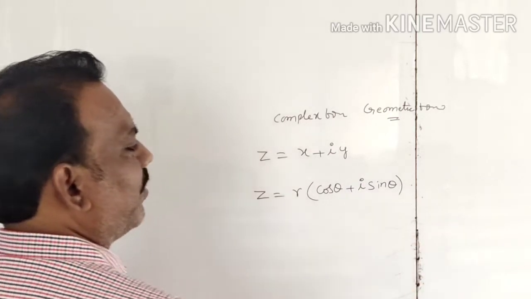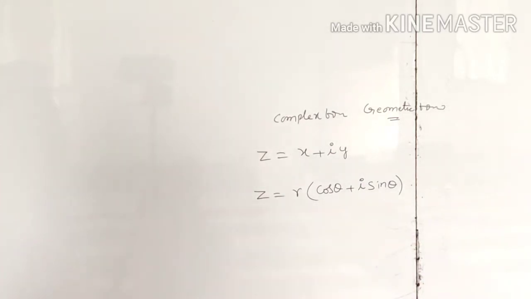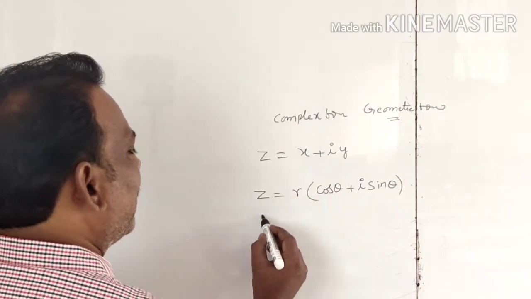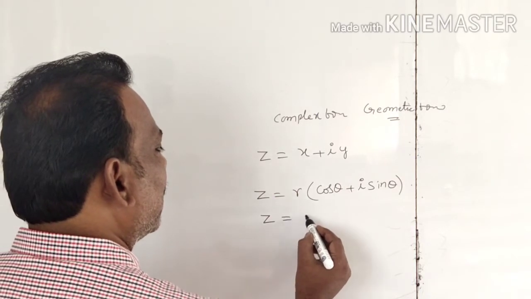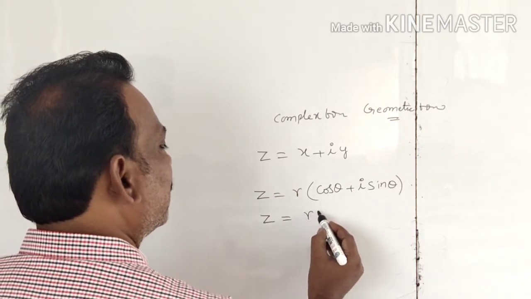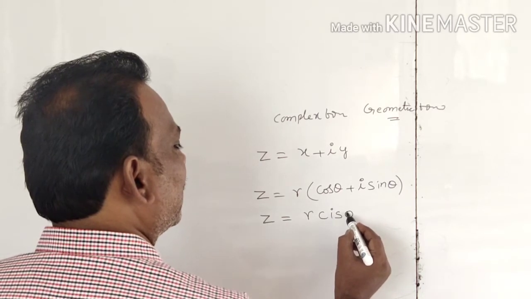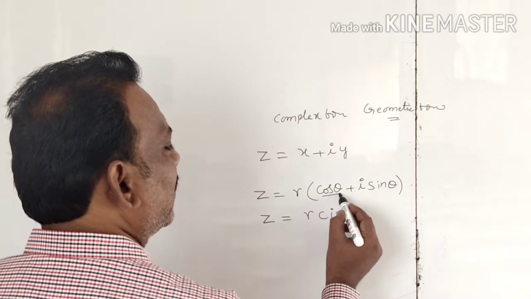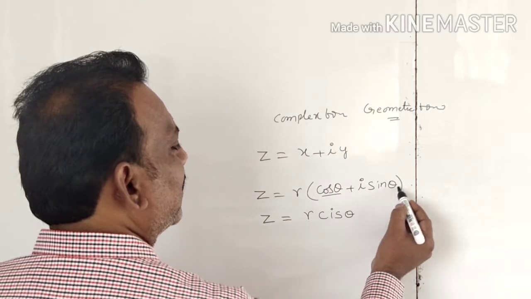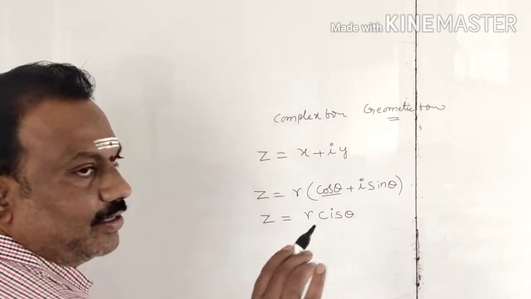I also told you in one video how you will get this form. Z is equal to r into cos theta plus i sin theta. We can write it in short form also: z is equal to r cis theta, where c refers to cos theta and s refers to sin theta. This is i, this is r.